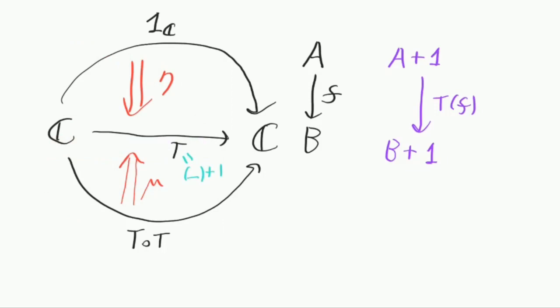And so in this case, how is T of F defined? Or if you like, how do we lift F under this maybe monad functor? Well, the answer is that T of F here is going to be F plus the identity arrow of the terminal object. Okay, so that makes sense.